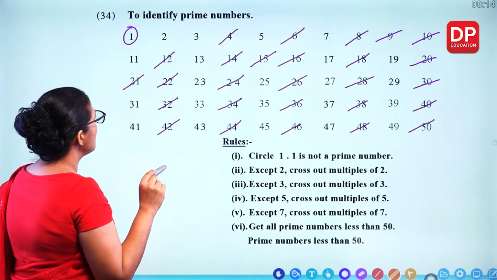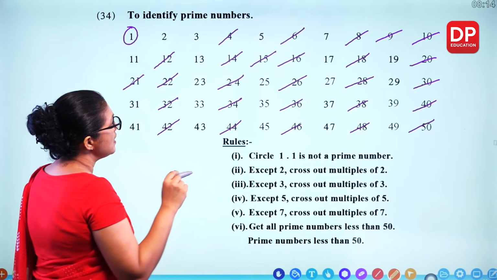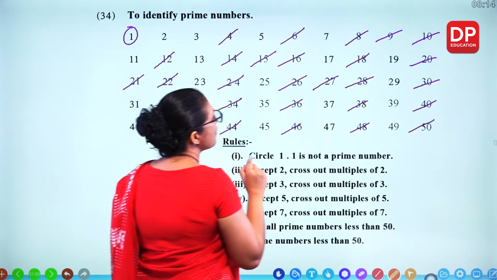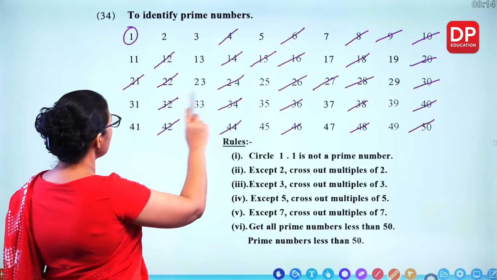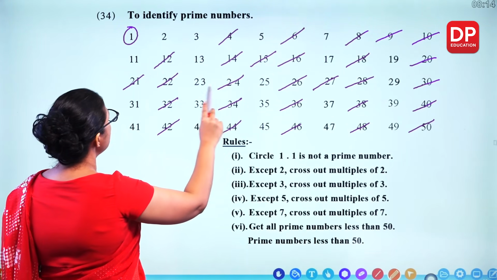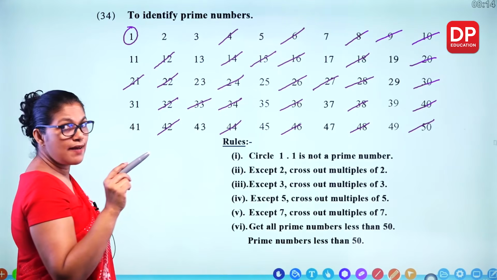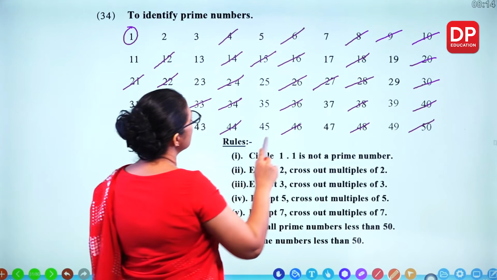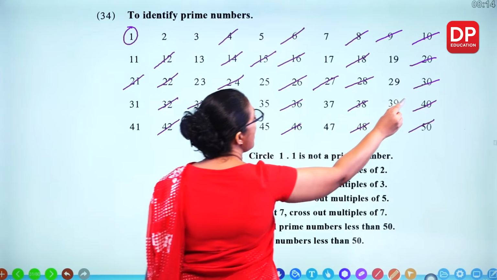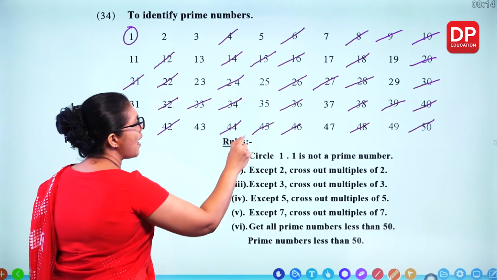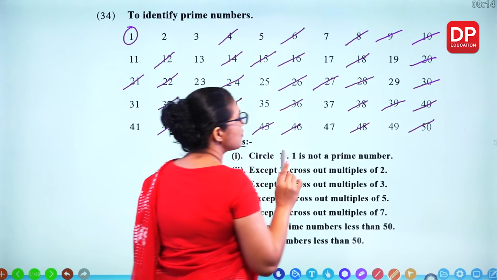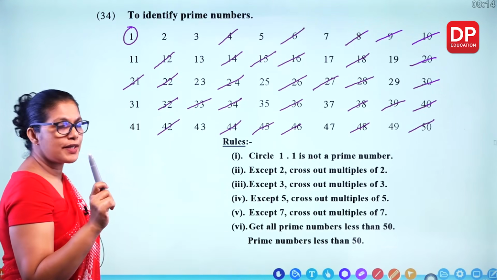Then 24, 27, 30, 33. 3 times 11. 36, 39. And then 42, 45, 48. So those are multiples of 3.